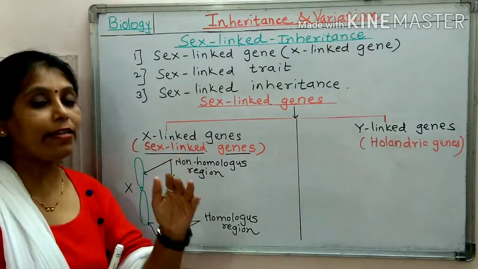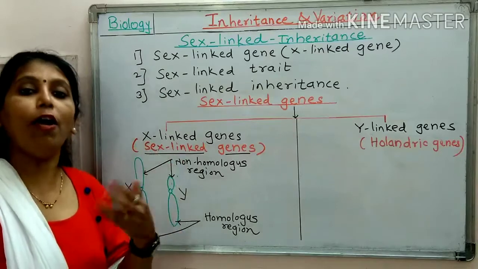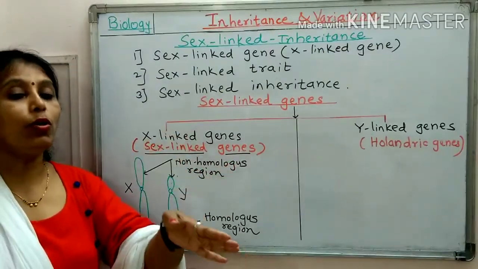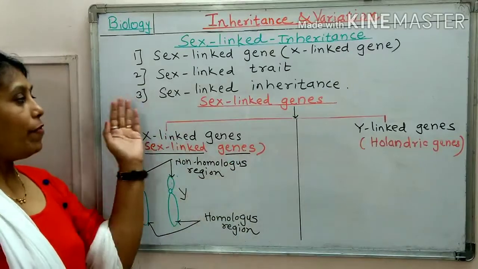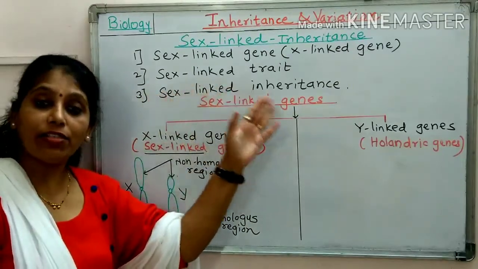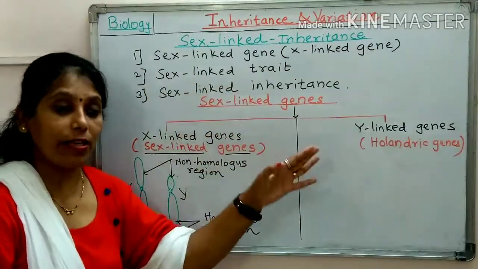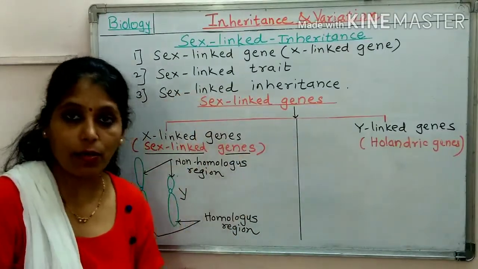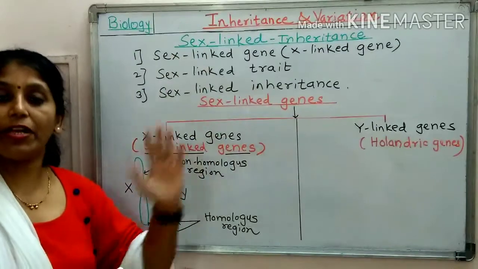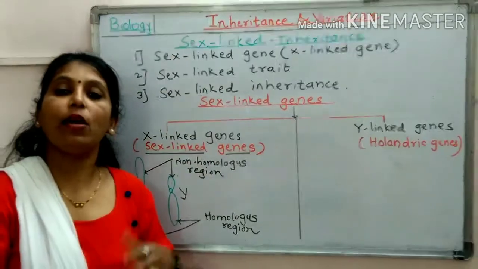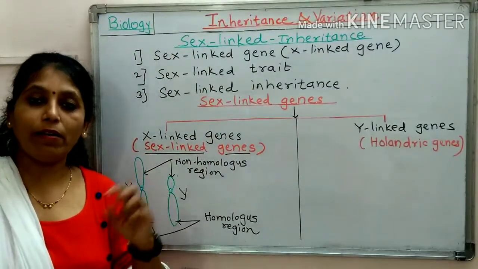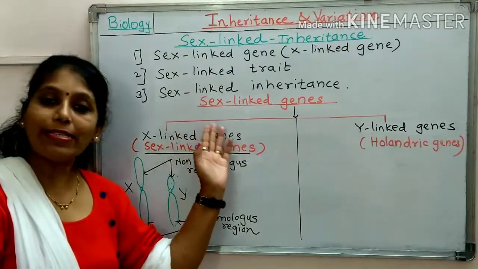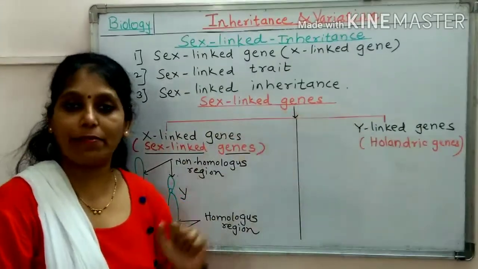The transmission of a character from parent to offspring through a sex-linked gene is called sex-linked inheritance. So all these three definitions you will have to remember. The question may come for 1 mark: write the definition.